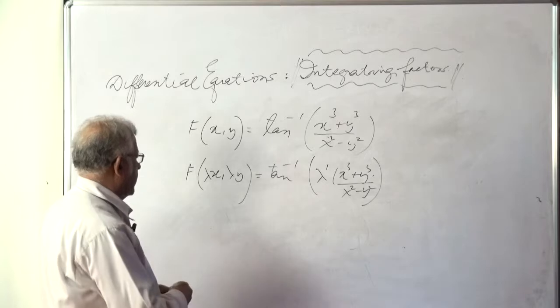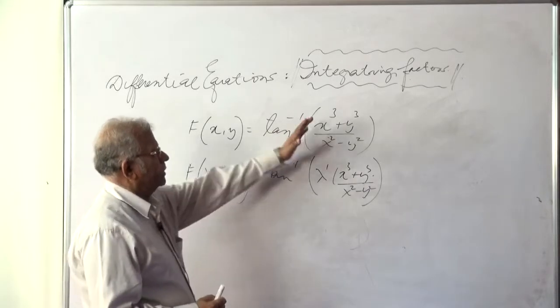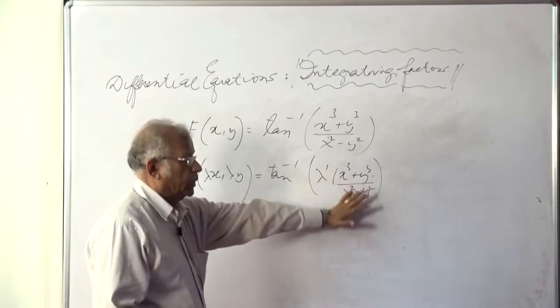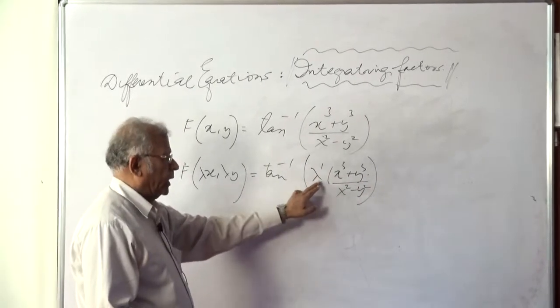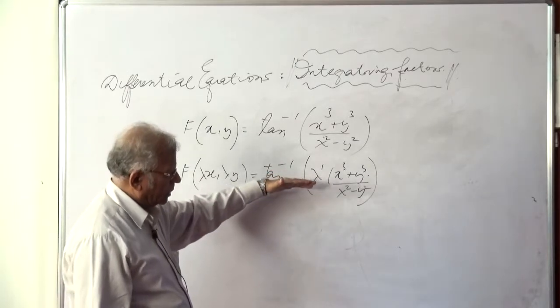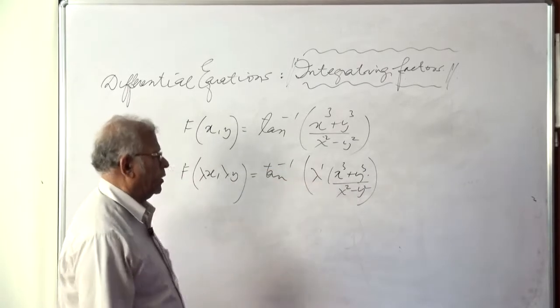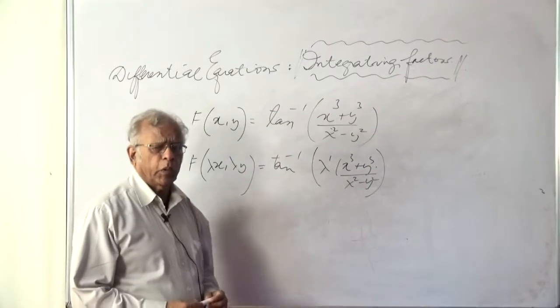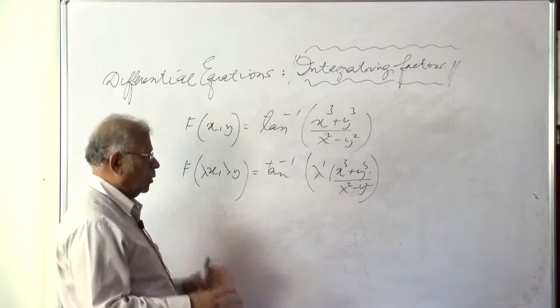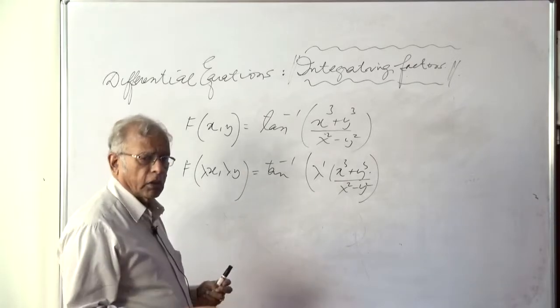Now, whoever said that tan inverse of this is the same as tan inverse of lambda to the power of 1 into this? That's only true when lambda is a parameter chosen as 1, not otherwise. But lambda is a parameter independent of x and y, not necessarily equal to 1. So the same degree concept does not hold for homogeneous functions of x and y.